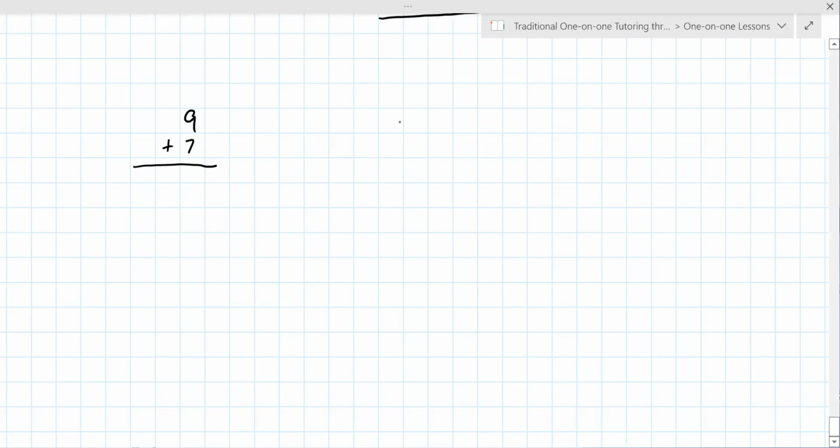Okay. So there's a lot of ways to do this, but one way is to say that seven is really 1 plus 6. And then 9 plus 1 is 10. 10 plus 6 is 16.